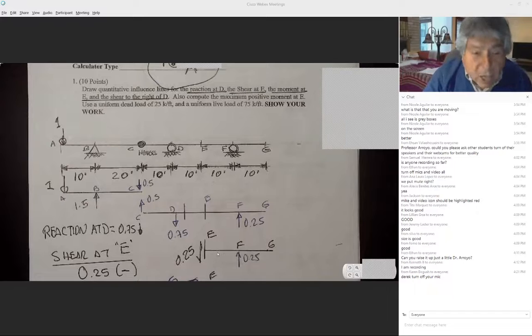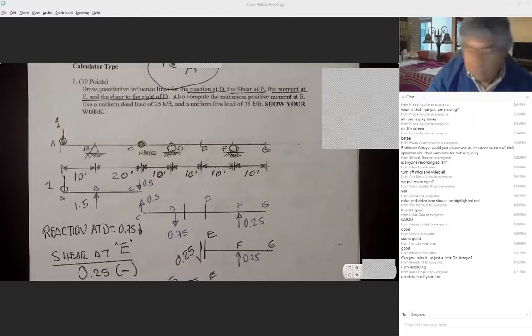So when I do summation of forces in Y, this shear is 0.25. And I have written in here shear E. I'm putting also the sign negative. Left-hand side, if you look at the little block that I had before, left-hand side going down, negative, I put in negative. But that's the shear at E when the unit load is at this location.